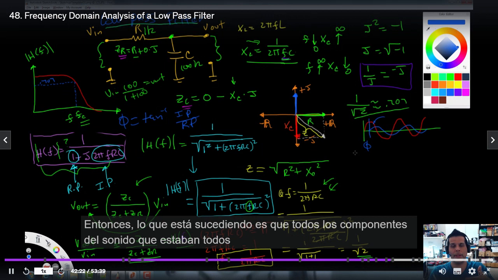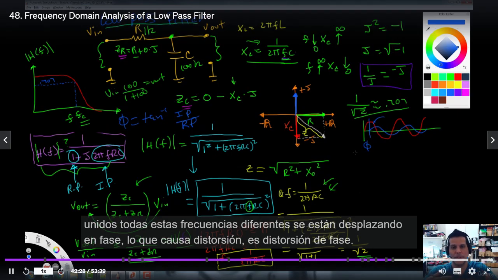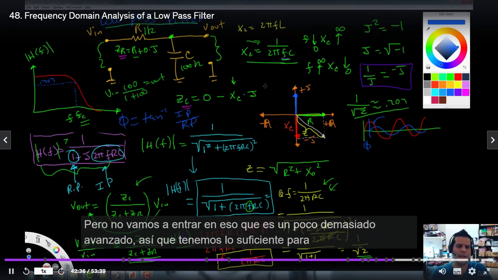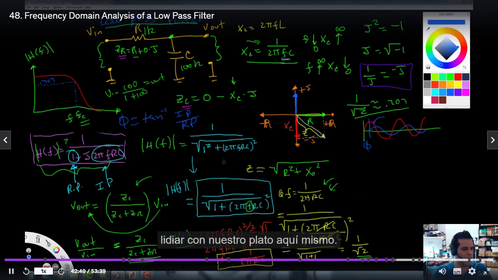So now what's happening is all the components of the sound that were all in lockstep, all these different frequencies, are getting shifted around in phase, which causes distortion. It's phase distortion. So that's important that you consider that also. But we're not going to get into that. That's a little bit too advanced, so we have enough to deal with on our plate right here.